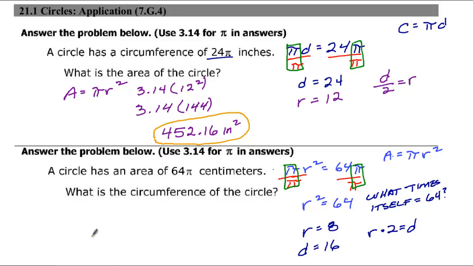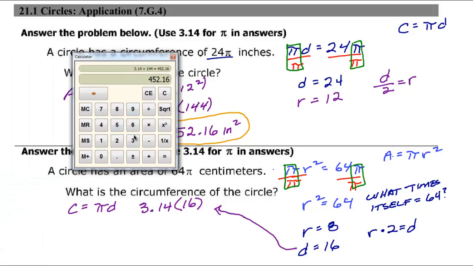For the circumference, we know that the circumference equals pi times diameter. So for this problem, it's going to be 3.14 times the 16 that we got. If we bring our calculator back out, 3.14 times 16 is equal to, let's see, wait, there's a problem.